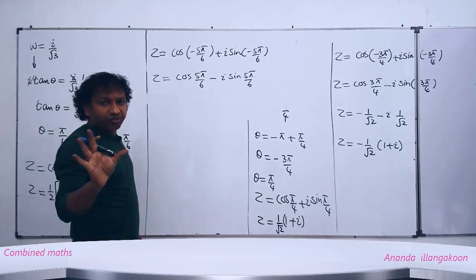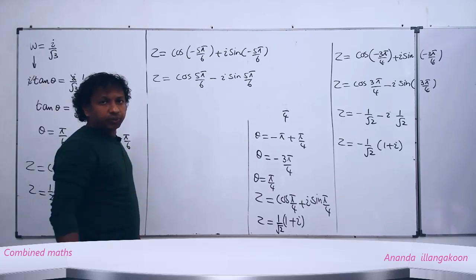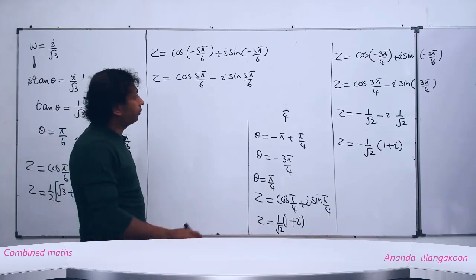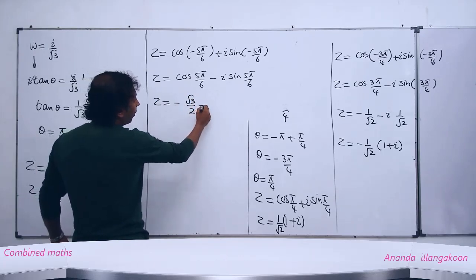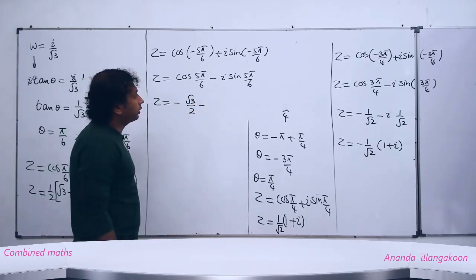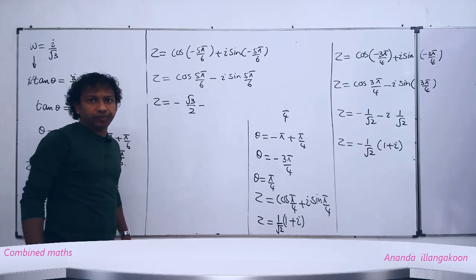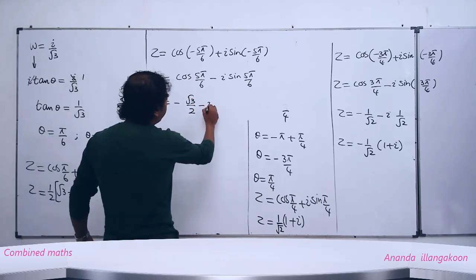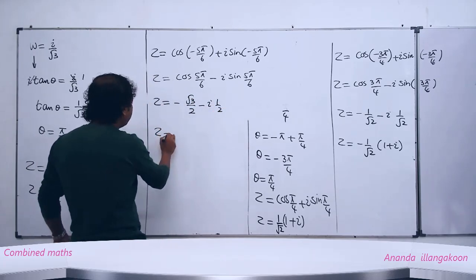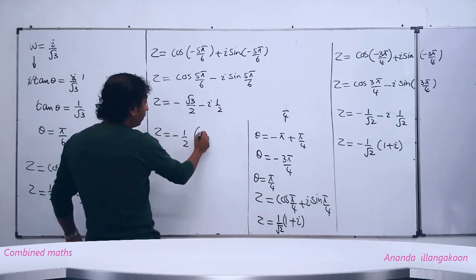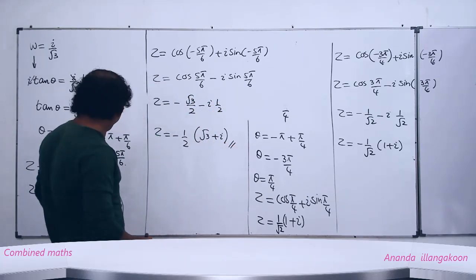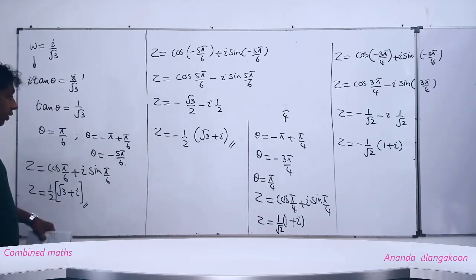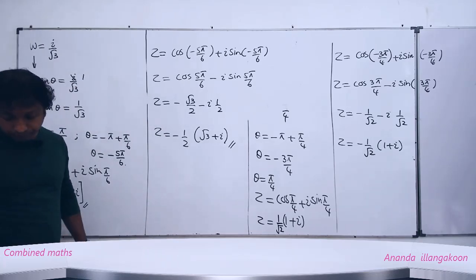The angle 150 we can write as 180 minus 30. Cos 180 minus 30 is minus cos 30. Cos 30 is root 3 by 2. Here, I sine 5 pi by 6, sine 150, half. Then we get Z equals minus half root 3 plus I. The other angle we found here. Then these are the two answers, right?